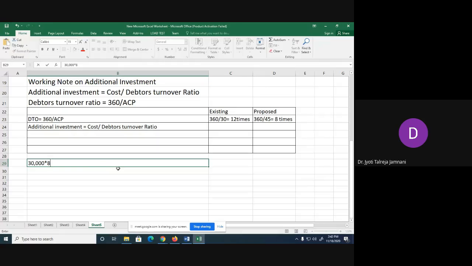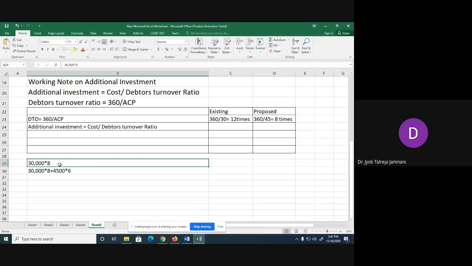In the second case, you can do 30,000 into 8, the total cost which was there previously, plus the additional sales you made, only 4,500 units. For additional sales your fixed cost didn't increase, so you should take only 6 rupees, which is the variable proportion.